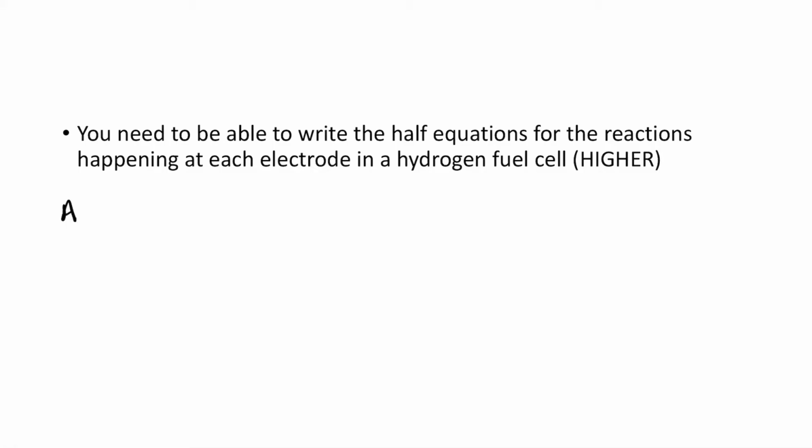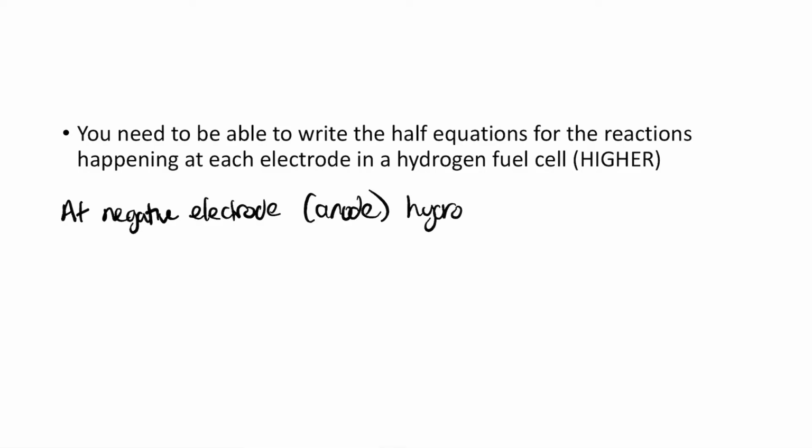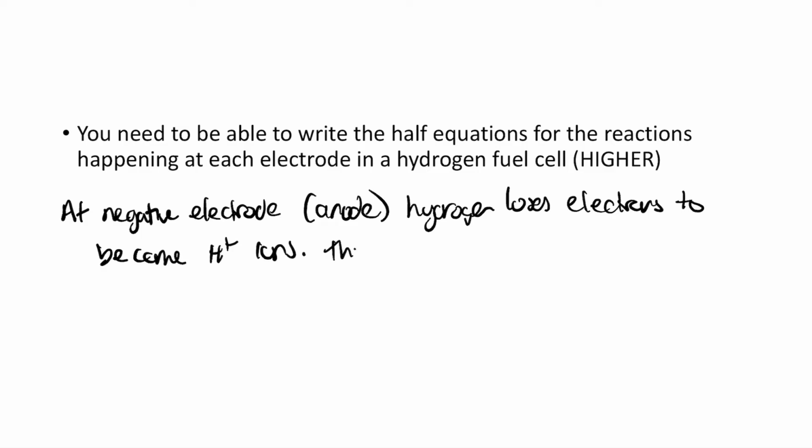Okay, so at the negative electrode, which we call the anode, hydrogen loses electrons to become H+ ions, and remember this is oxidation.